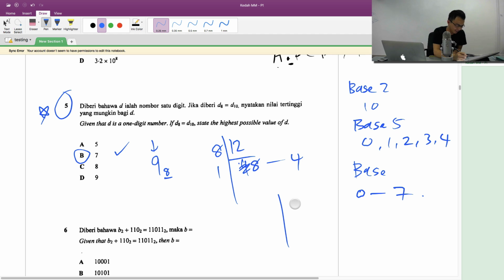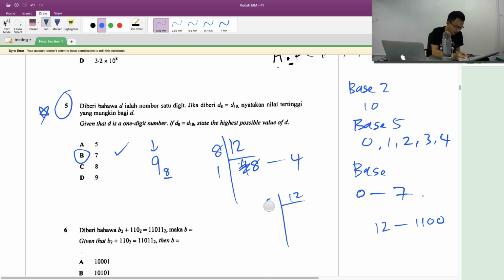Okay, let me just remember back how to do this one. Let's say I have 12. I want to change it to binary. So 12 is equal to 1100 in base 2.